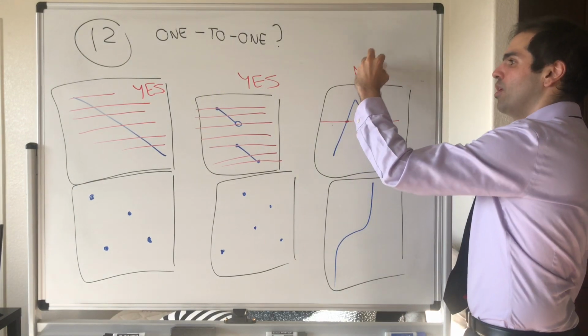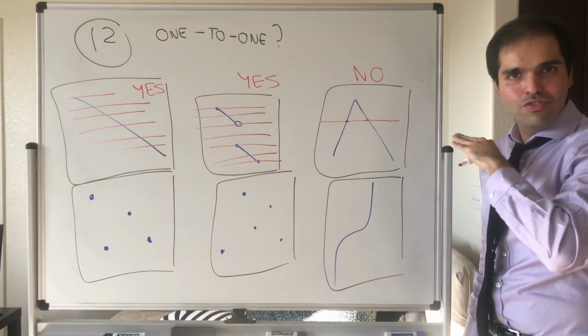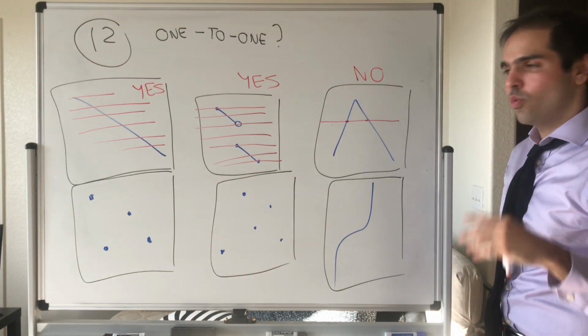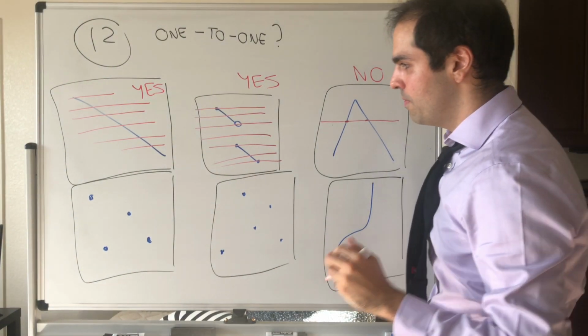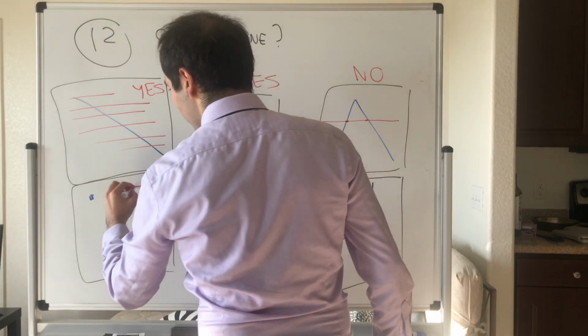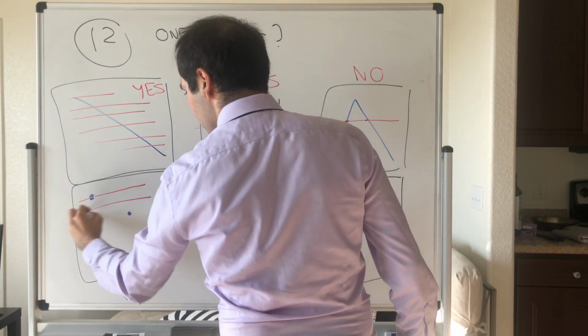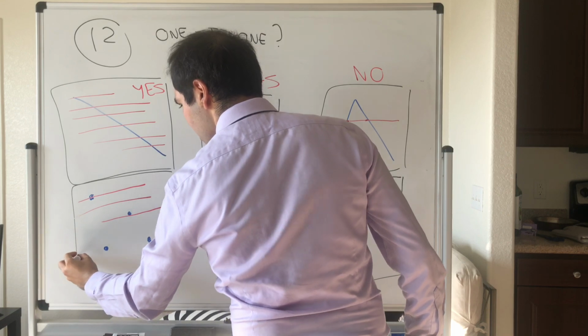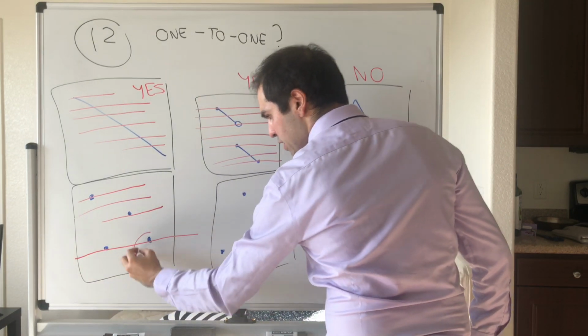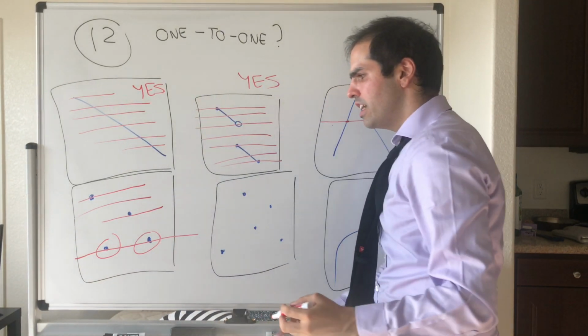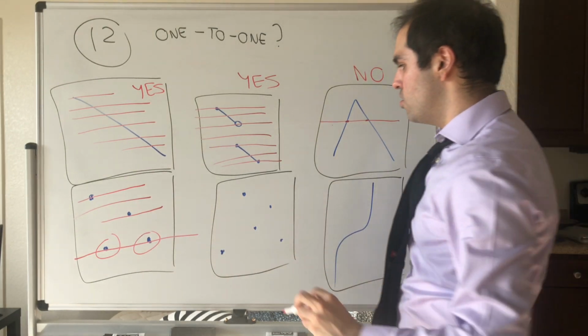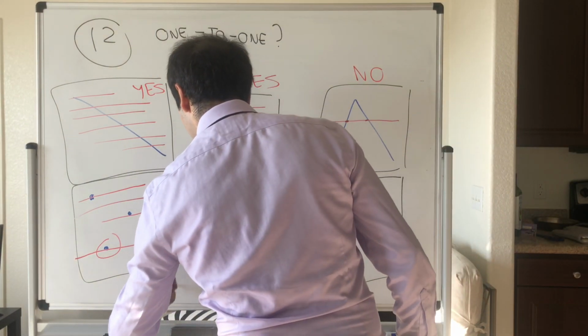So it's not 1-to-1. So if you find one line that crosses it twice, it's not 1-to-1. What about this one? Well, this one goes through it once, 0 times, once. But notice here, it goes through that function twice. So here it's not 1-to-1.